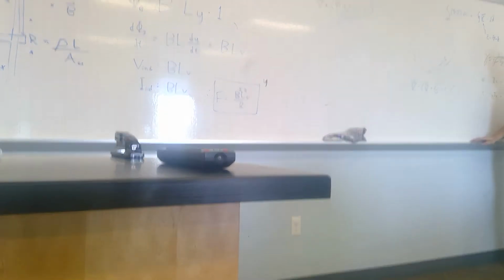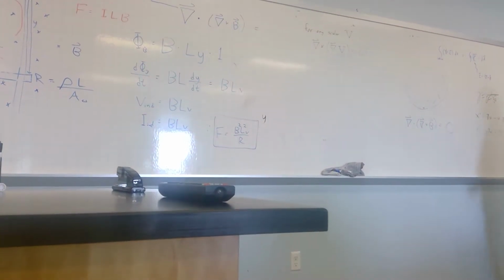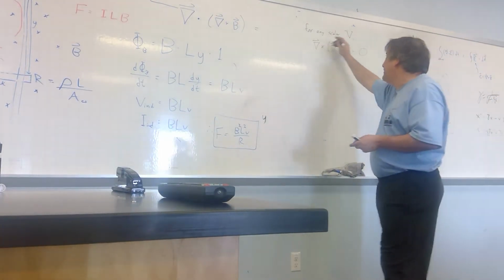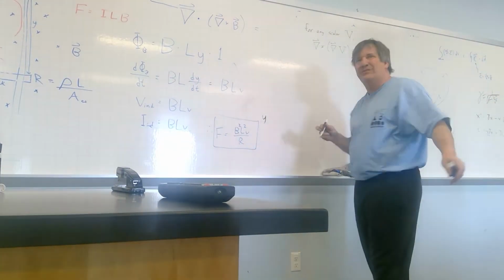The converse of that statement is also true. If I've got any vector field whose curl is zero, then I can write that vector field as the gradient of a scalar. A statement and its converse are not equivalent.